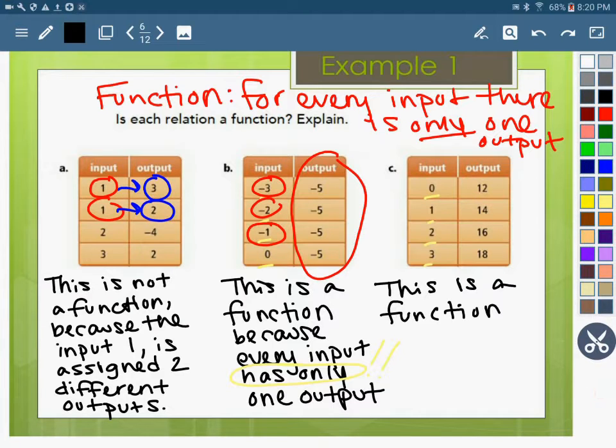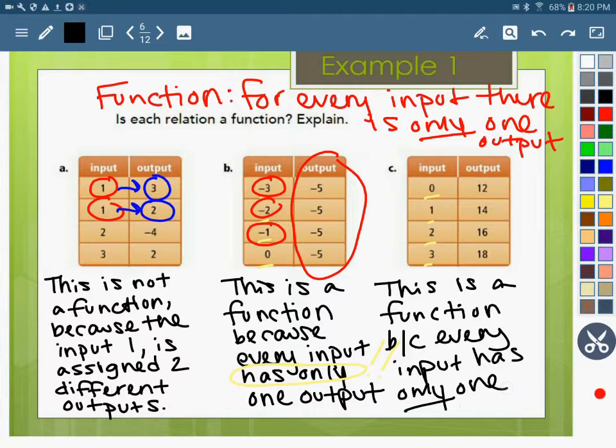So this is a function because every input has only one output. Now let's see how you guys give it a try.